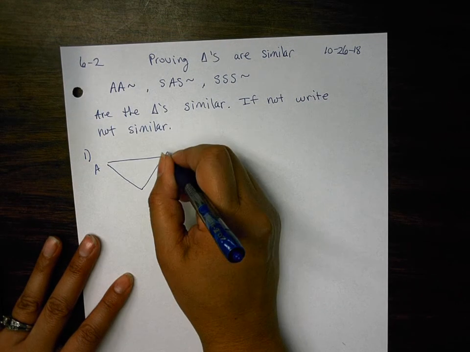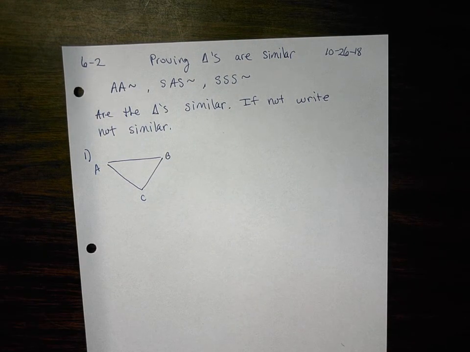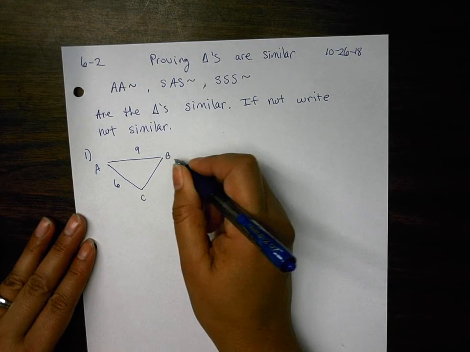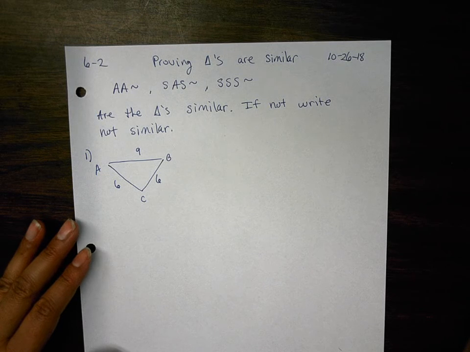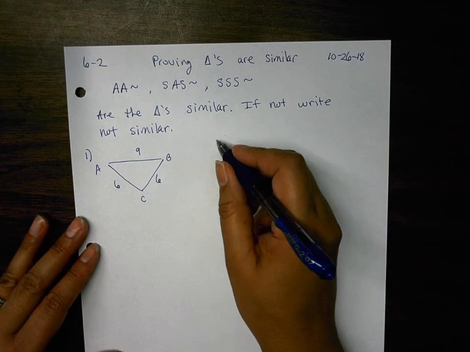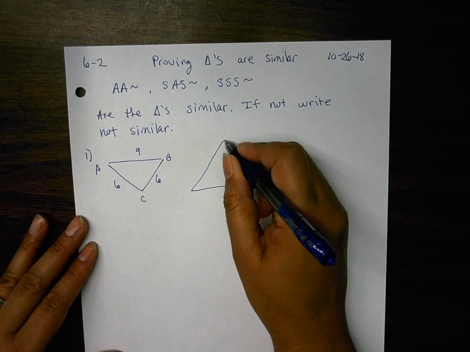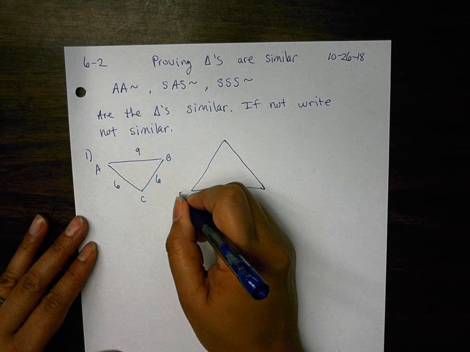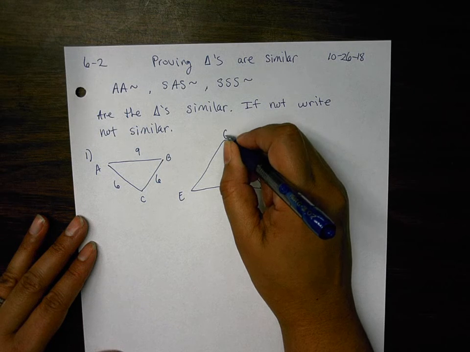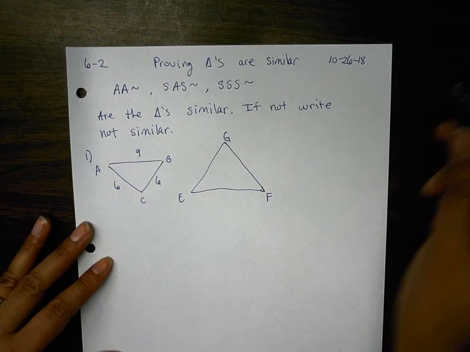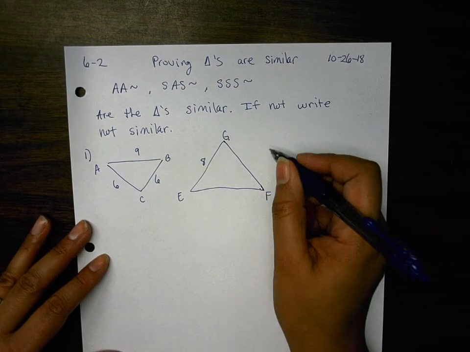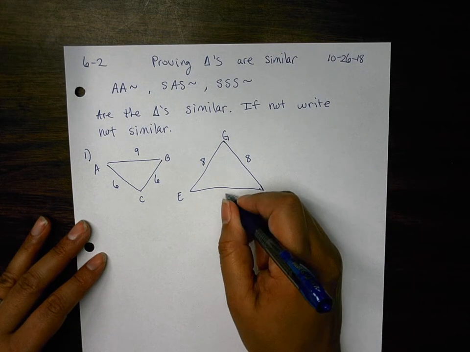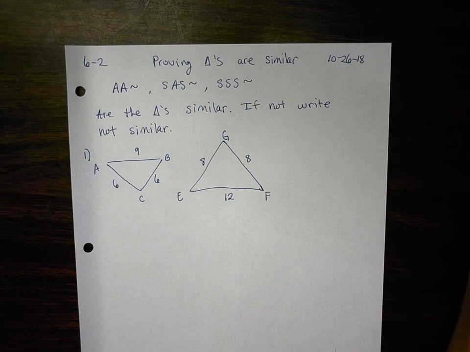Triangle ABC such that AB is 9, AC is 6, and BC is 6. It looks like that. Okay, and now we have triangle EFG such that EG is 8, GF is 8, and EF is 12.